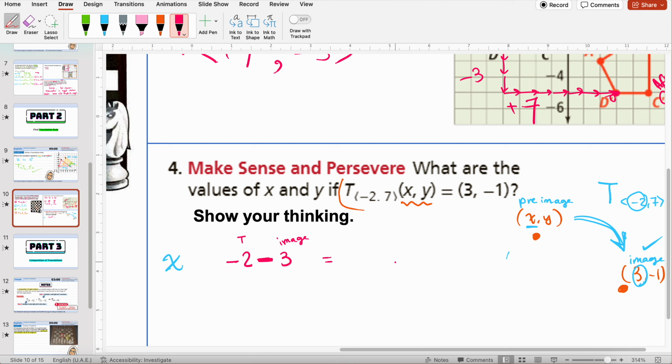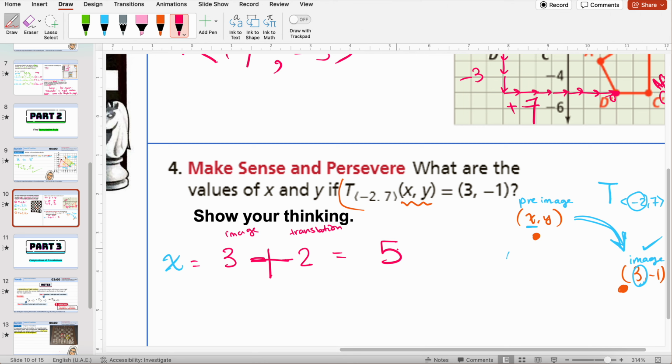Oh no, wait 1 second, image minus the translation, sorry. So you do the image 3 minus the translation -2, minus with minus is positive. The image minus translation, because you want to take it back. It's going to give you 5.